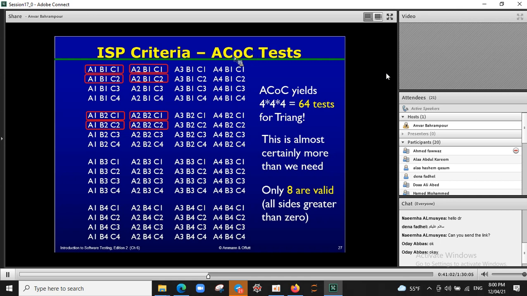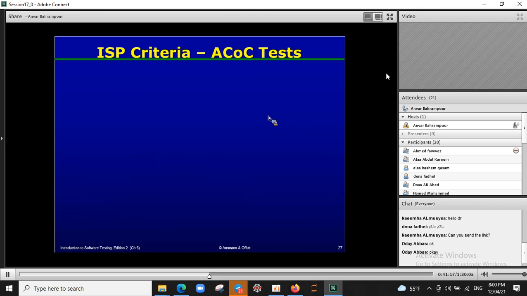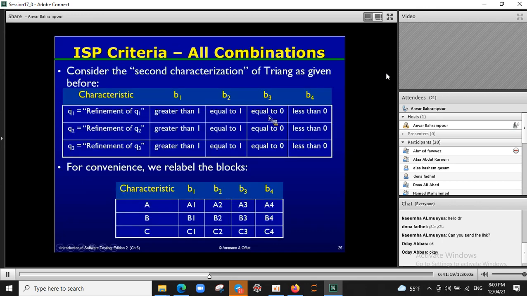As you know, none of the values of block B3 or B4 are valid for a triangle, because these blocks B3 and B4 define lengths with negative or zero value for a side of a triangle.